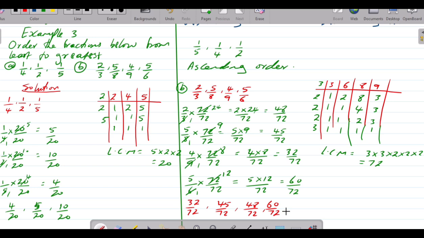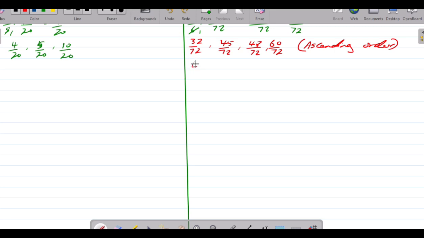So we've just ordered a fraction from the least to the greatest, that is ascending order. So we can re-express this as 4 over 9, 5 over 8, 2 over 3, and 5 over 6. So we just order the fraction in ascending order. So let's take other examples.